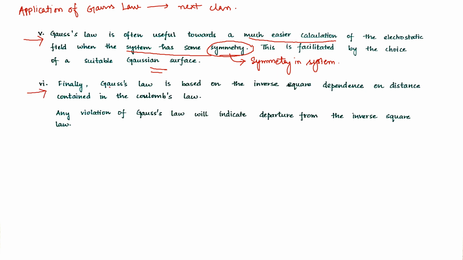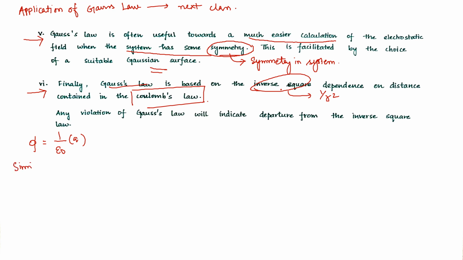Finally, Gauss's law is based on the inverse square dependence on distance contained in the Coulomb's law. How is it possible? Like xi equals 1 by epsilon naught into q.